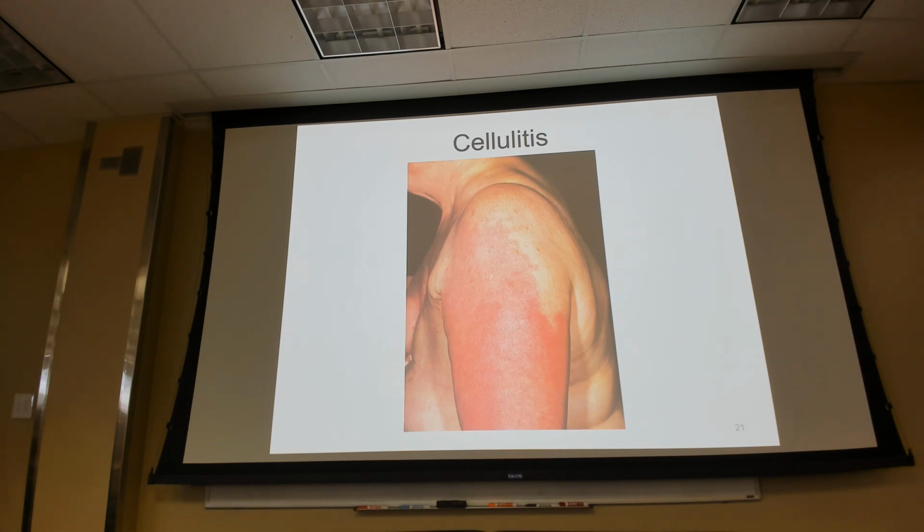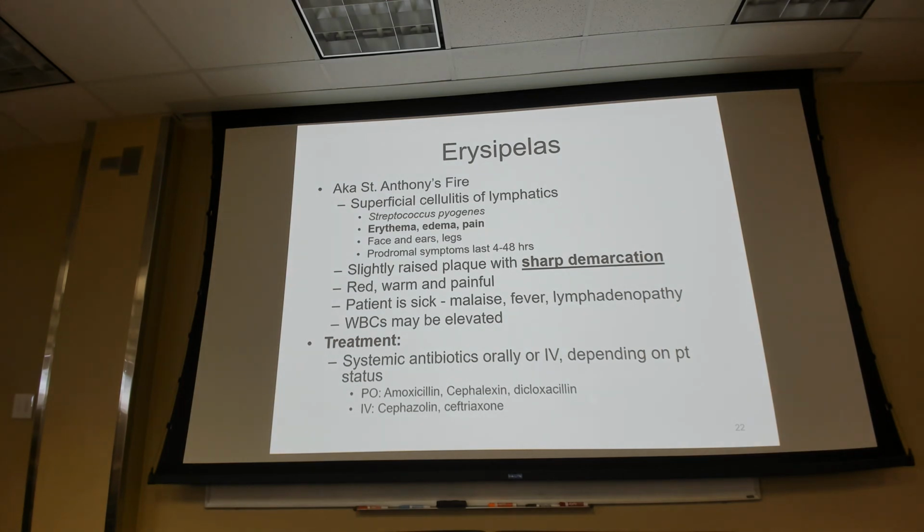Okay, so I talked about these and how they're not having demarcated spots. That is opposed to erysipelas, which does have that. So you can clearly see where it's at and what we're going to do here. Just like cellulitis, it does have erythema, edema, and pain.